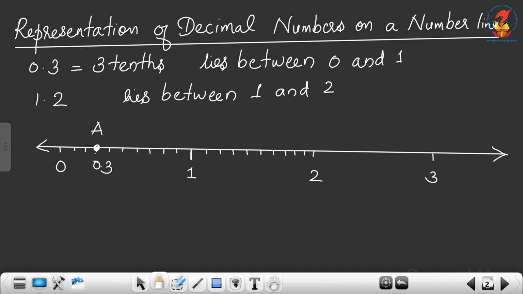And you have to select after 1, the first point will be 1.1, then 1.2. Now this point, B, represents the decimal number 1.2.